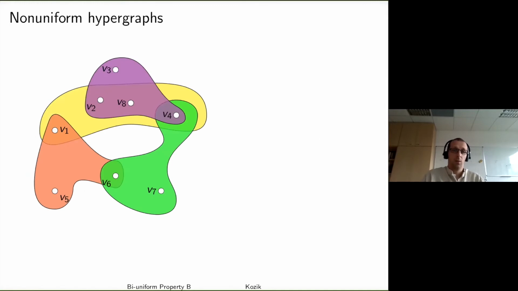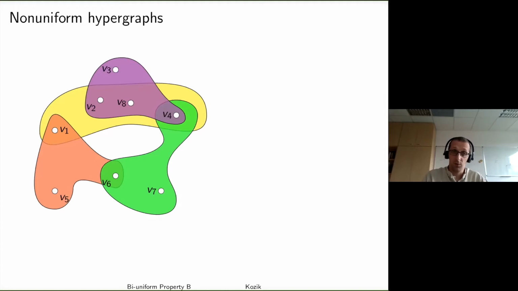Okay, so we now move on to non-uniform hypergraphs. So we're trying to modify the problem, but keeping in mind that at some point we want to go back. My motivation for considering this result is to learn something about the basic notion.